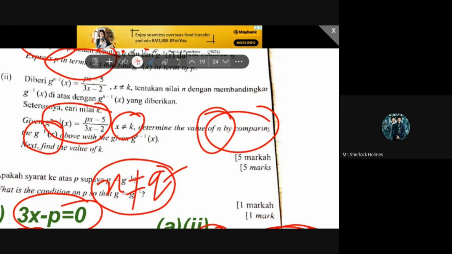Come on, anyone ada jawapan tak? Apa itu K? What's the maksud of K? Apa maksud K? If tak tahu, boleh cakap tak tahu. What does K value represent?